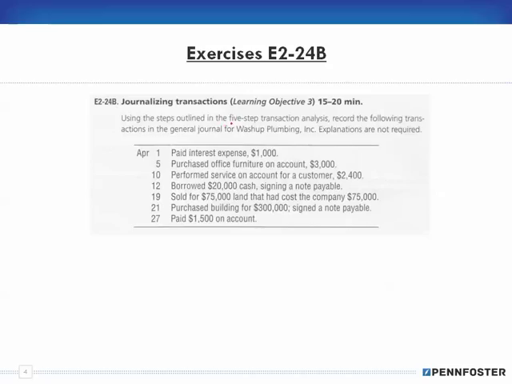I mean, there's nothing wrong with using the 5-step transaction analysis as presented in the textbook. If that's what makes you most comfortable, feel free. I did not learn the 5-step transaction analysis. I learned by mimicking, and then the journal entries, because I actually learned on the job. I didn't have any accounting or bookkeeping experience behind me.